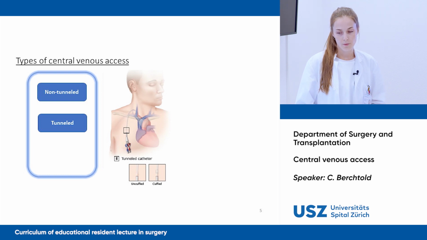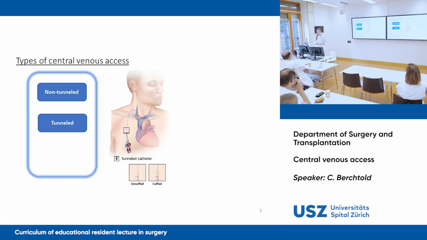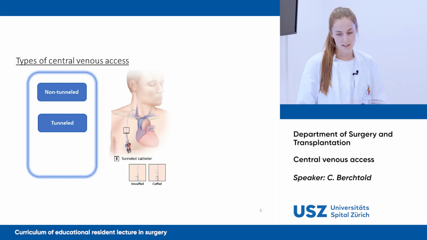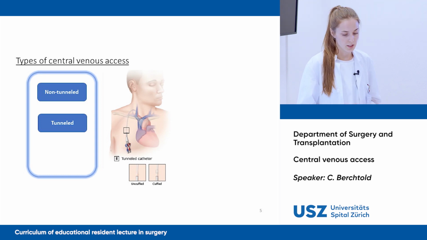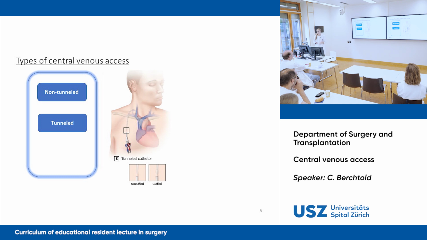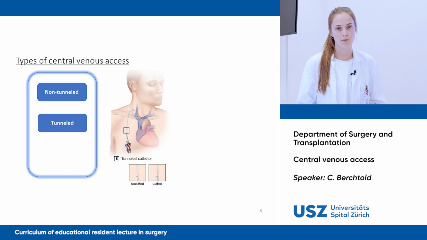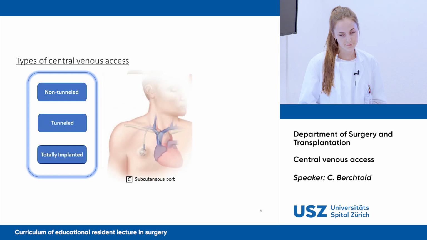Tunneled catheters traverse a subcutaneous tunnel from the venous cannulation site to the skin exit site, and these catheters are often used when the risk for infection is increased. They come with a cuff which keeps them anchored in place and also limits the entry of bacteria, and this is probably one of the reasons why these catheters are less often linked to infection.